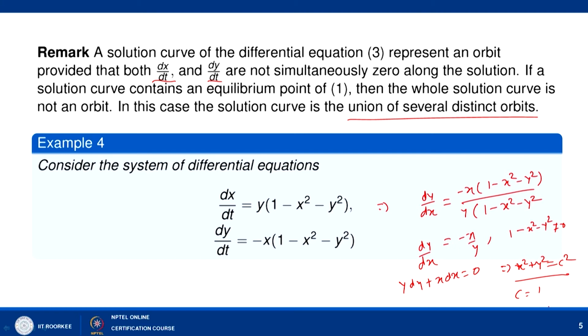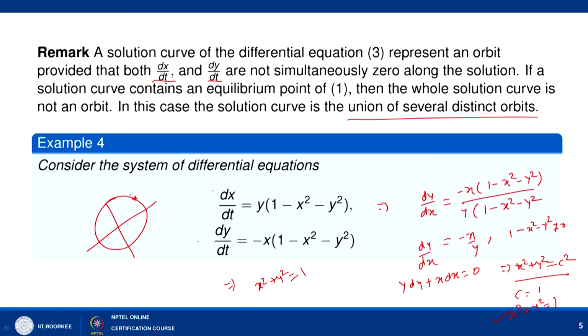So, one of the orbits corresponding to c equal to 1 is x square plus y square equal to 1. But on x square plus y square equal to 1, dx by dt is equal to 0 and dy by dt is also equal to 0. So, at each point on this unit circle, dx by dt is 0 and dy by dt is also 0.